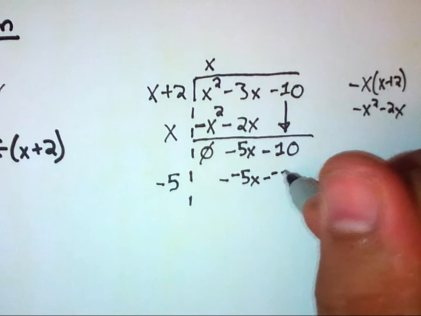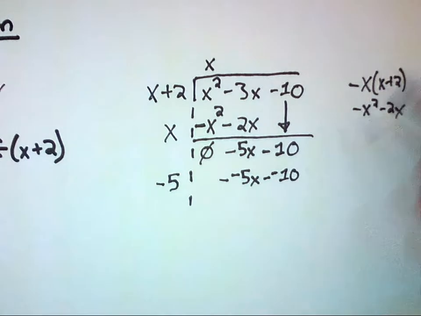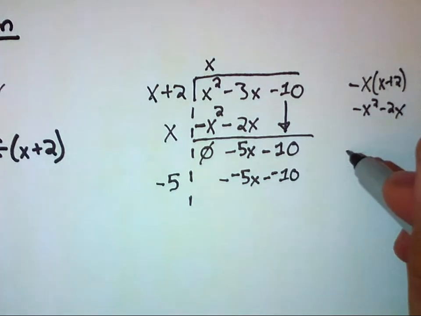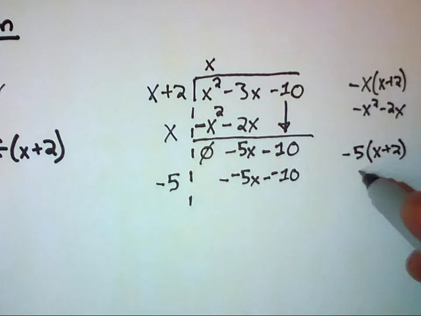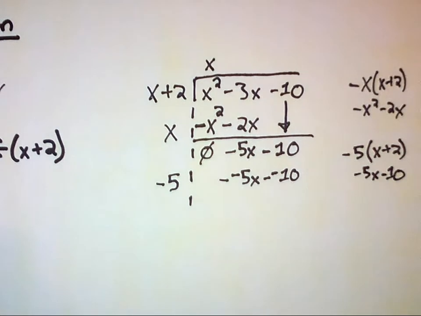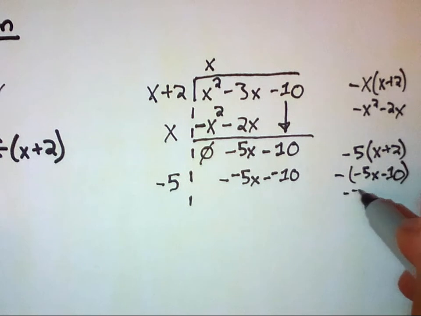minus negative 10. And again, just to show that earlier, what I did was I said, we have negative 5, we're going to multiply x plus 2 by, which is negative 5x minus 10. But the problem is we're doing subtraction, so we're eventually going to subtract this. So this is really minus 5x minus 10.